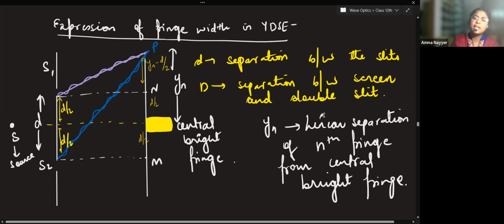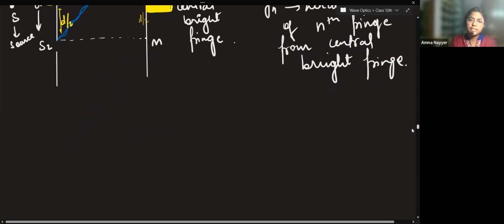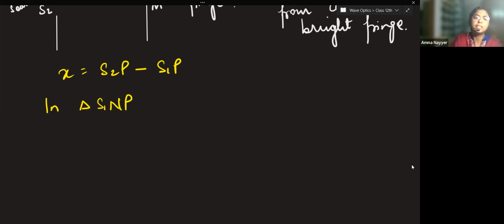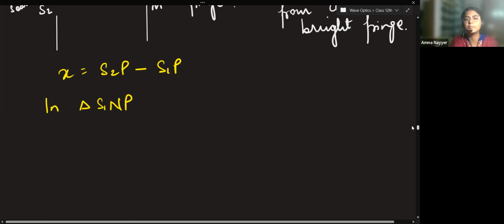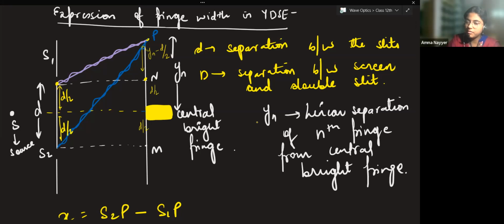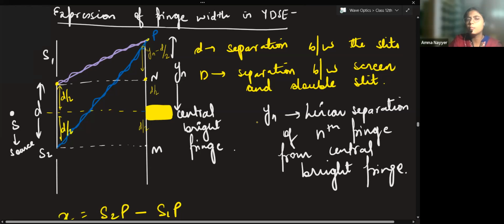So I'll start from here only. X is equal to S2P minus S1P. Now I want to find out the value of S2P and S1P. Let's start with S1P. If you look at the triangle S1NP, this smaller triangle that has been formed, this is S1, this is N, this is P, and apply Pythagoras theorem.